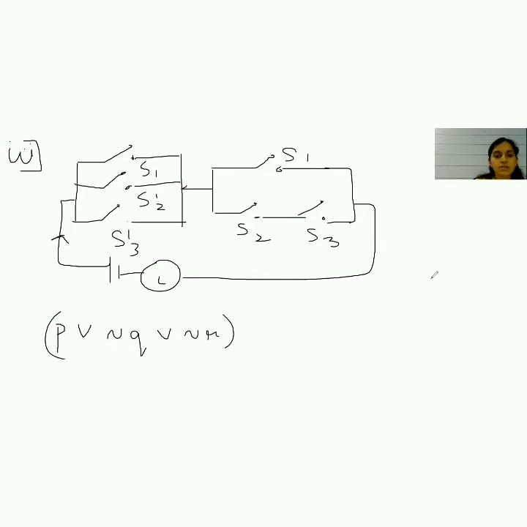This is in series with, so and, S1, that is P, in parallel with 2 series switches, S2, that is Q and R. So this is your symbolic representation: P or negation Q or negation R, and P or Q and R. Let us begin with the table.